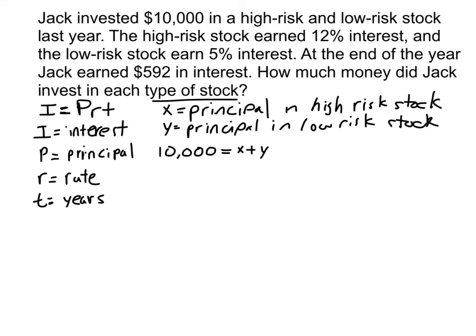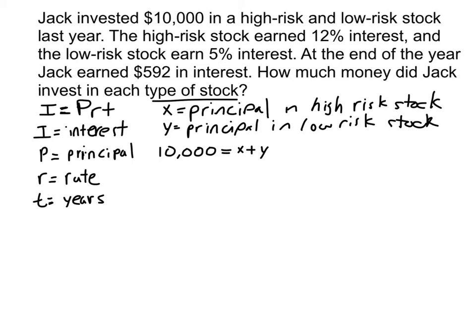Okay, and then there was 12% interest in the high risk, the X, and then 5% interest for the amount of money that goes into the low risk stock. And then at the end of the day, he ends up earning $592.